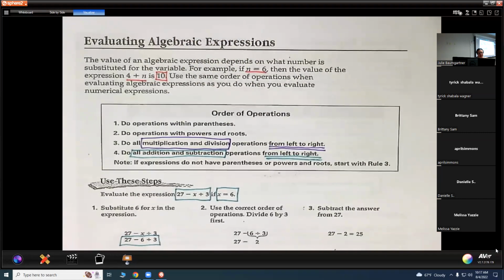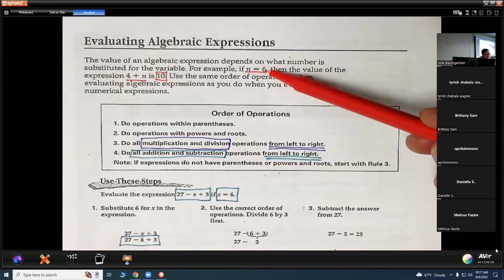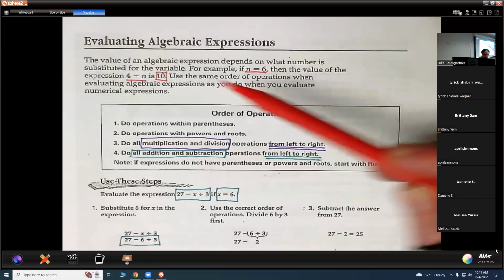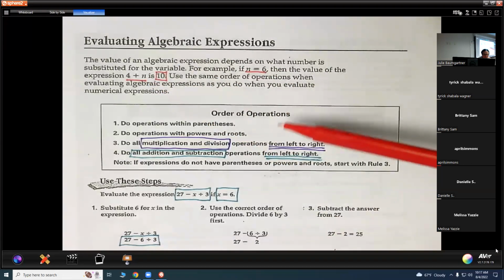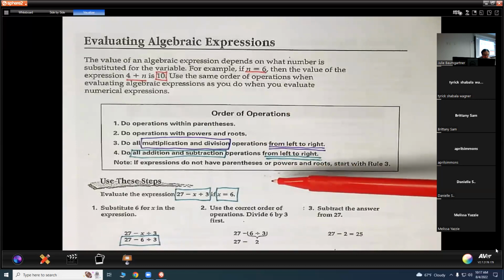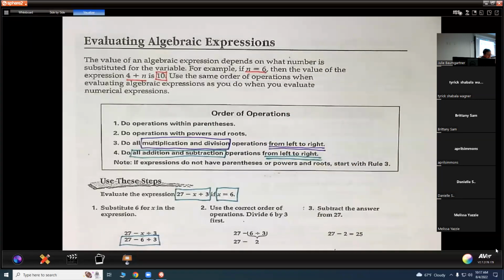Whatever value they want us to use, we plug it in for our variable into our expression, and then follow the order of operations to simplify it, okay? So that's where we kind of left off.